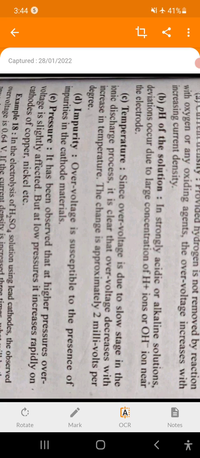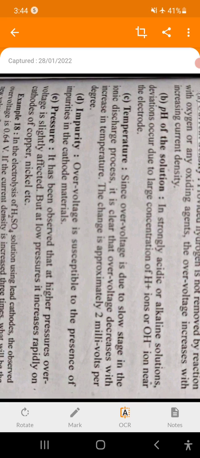The second factor is the pH of the solution. In strongly acidic or strongly alkaline solutions, deviation occurs due to the large concentration of H plus and OH minus ions near the electrode.